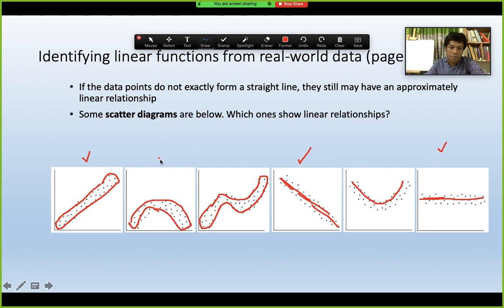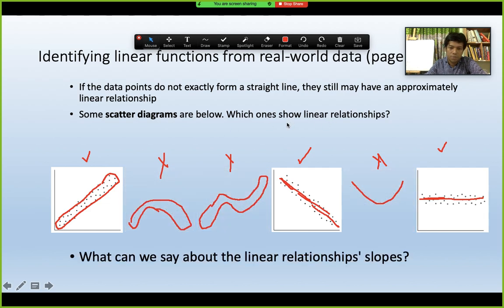This is a curve, this is a curve, this is also a curve, so they are not linear. The ones with the tick sign look linear. So this one and this one are linear. This one, this one and this one are not linear.